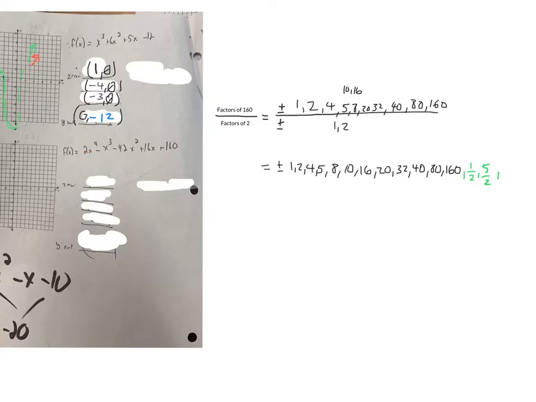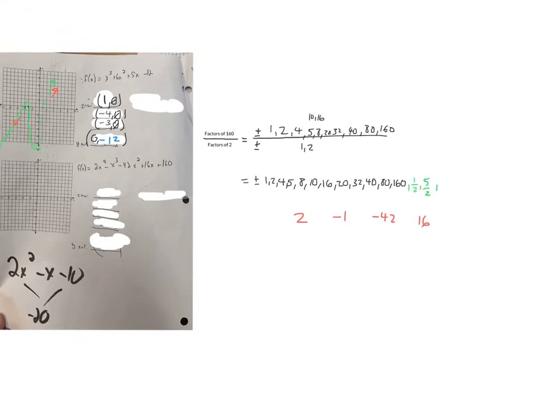Now we can focus on the coefficients, and we could just write them. So the coefficients are 2, -1, -42, positive 16, and positive 160. Set up the structure, drop this down, because we always do, and then move into testing these numbers.